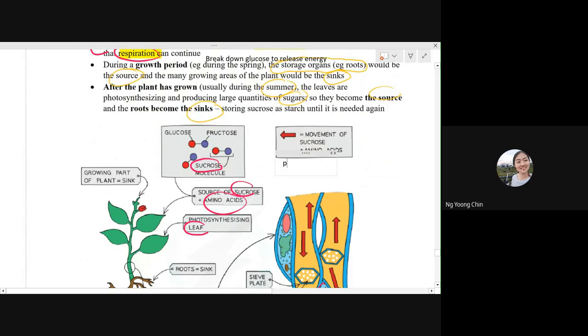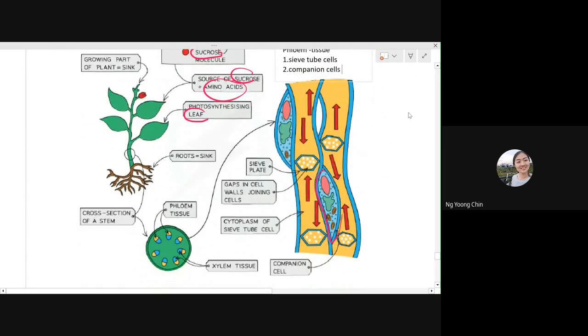We talk about phloem; phloem is a tissue, at the tissue level of cell organization. The phloem itself contains sieve tube cells, and secondly it contains companion cells. This is one sieve tube cell, this is another sieve tube cell, and this will be another sieve tube cell. You can see how the sieve tube cells are able to connect to each other by the end plate, the sieve plate.